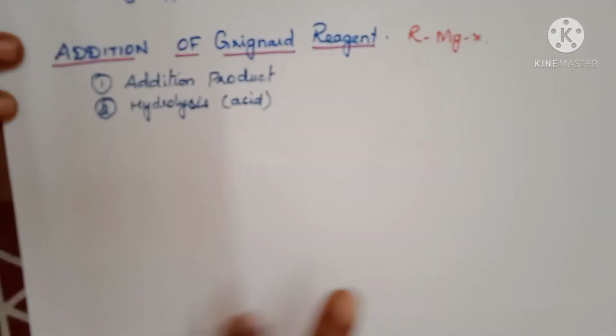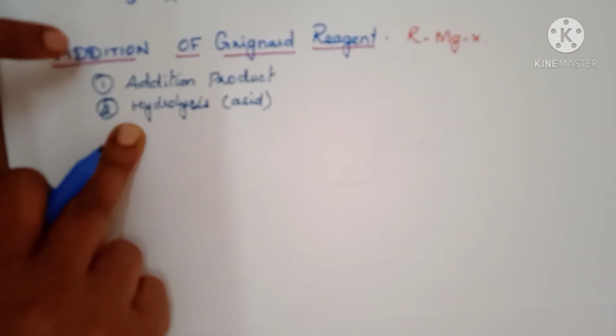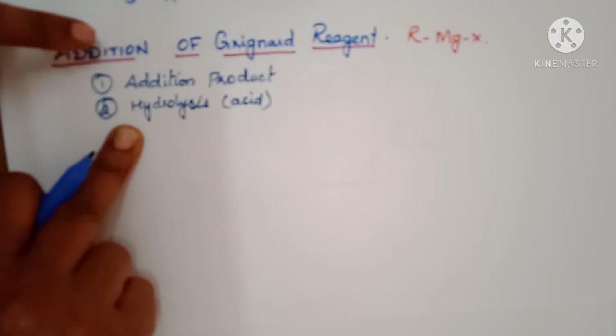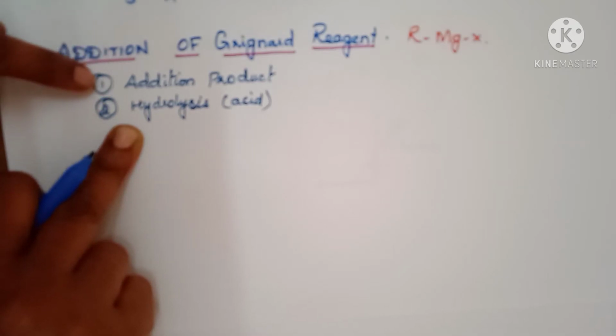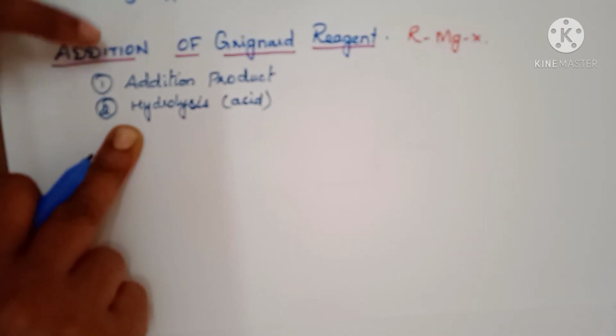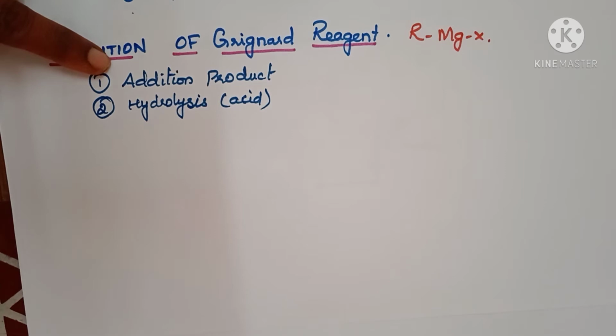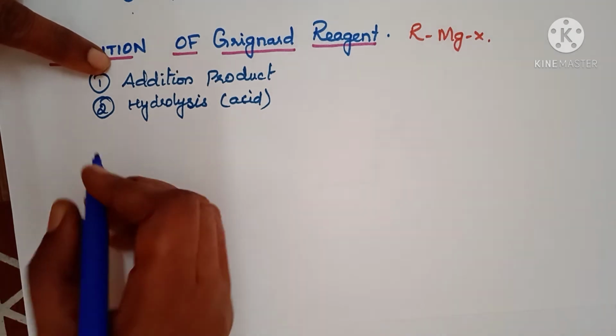So both are two-step reactions. The first step is the same nucleophilic attack only. Here I have given it in a different way because in the addition product we add some compound to the carbon. Second step, hydrolysis. Now we are going to see the reaction.